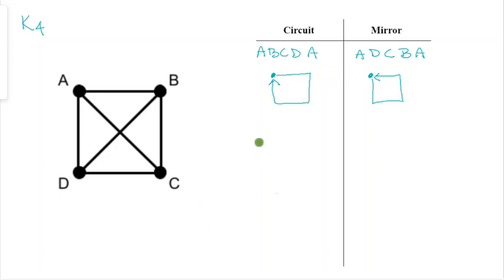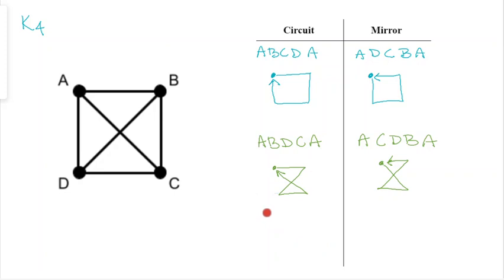We could also go A, B, D, C, A. Or we could go in the opposite direction, A, C, D, B, A. So now we have 4 of our 6 distinct Hamilton circuits listed.